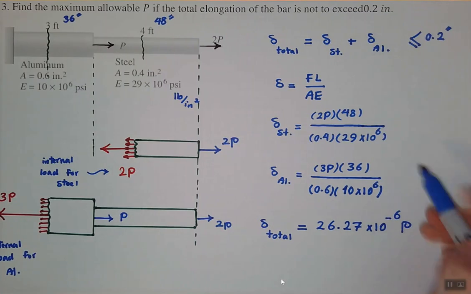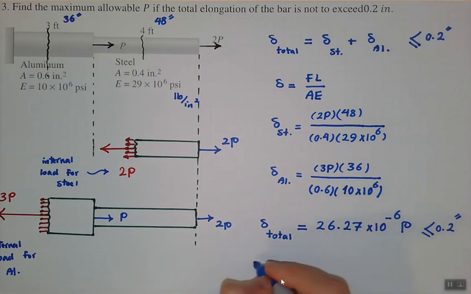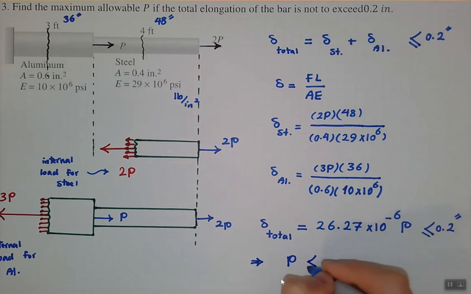So the question asks us that this delta total be less than or equal to 0.20 inches. So if I simplify that, then I will find out that P has to be less than or equal to 7613.25 pound.